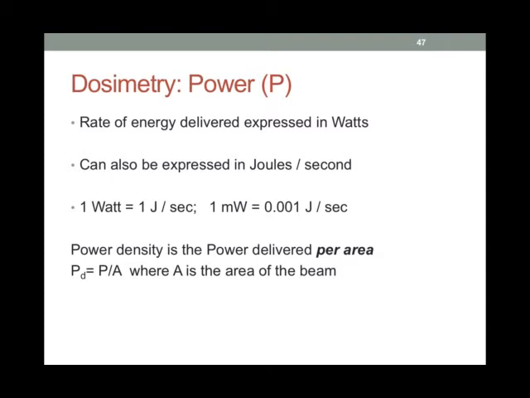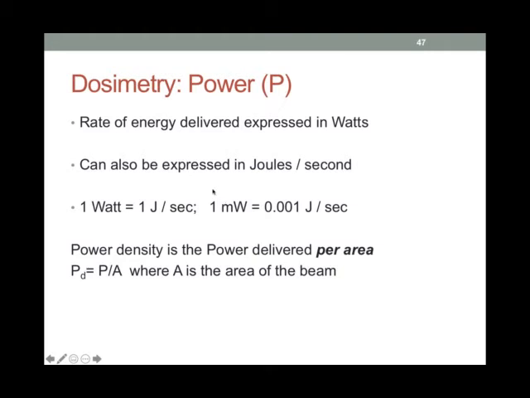If we talk about power, we know that power is measured in watts, and it's basically energy per second. So it's how much energy in a given amount of time. We measure it in watts, and in fact, for laser, we've said that the class 3B lasers that we're using are between 5 and 500 milliwatts. So this is what we're talking about here, in the region of milliwatts. And we're looking at really quite small amounts of joules, so 0.01 joule per second if it's 1 milliwatt.